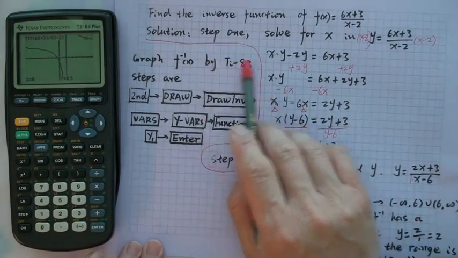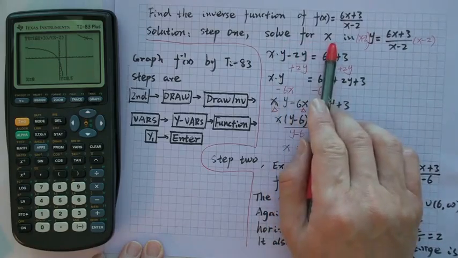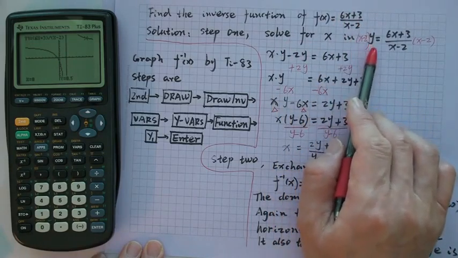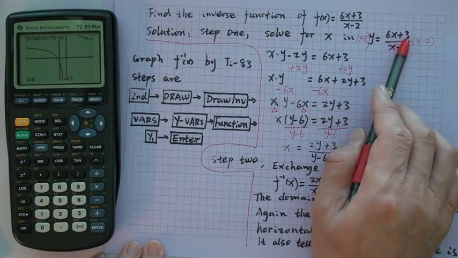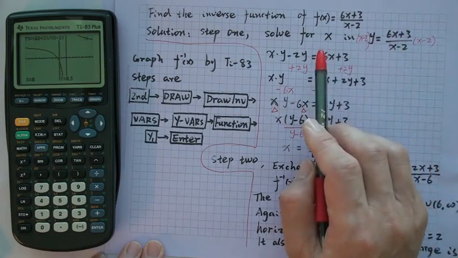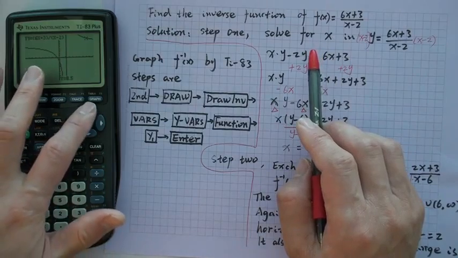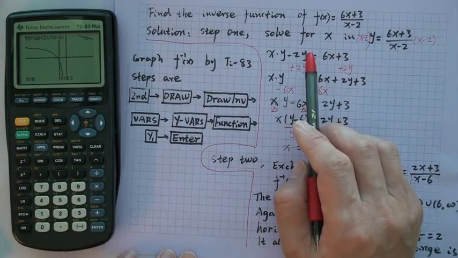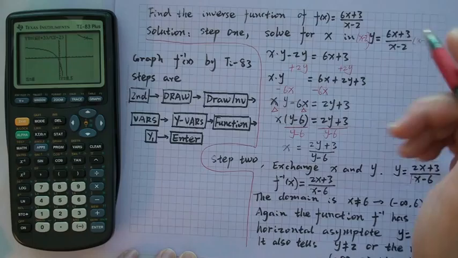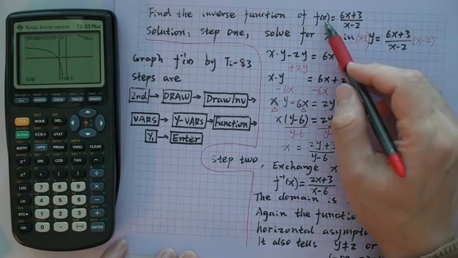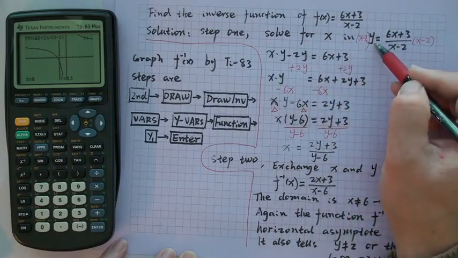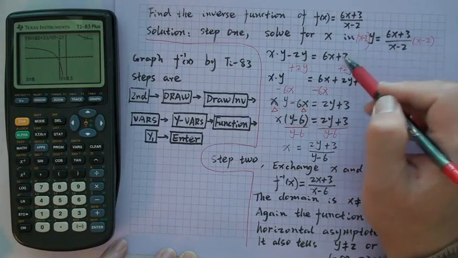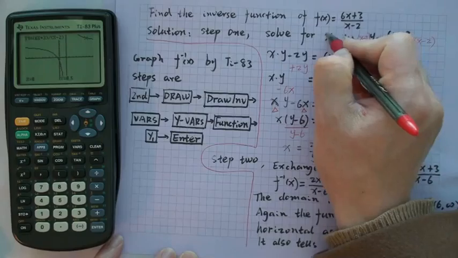Step 1, solve for x in y equals (6x plus 3) divided by (x minus 2). Basically you use y to replace f of x and then solve for x.